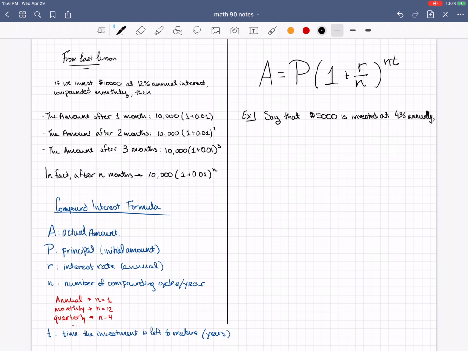And let's say that it's compounded, we'll start with monthly. How much will there be after, let's say, 5 years.